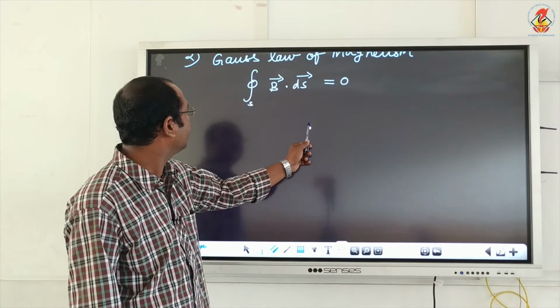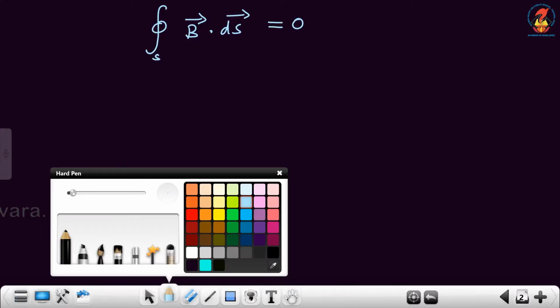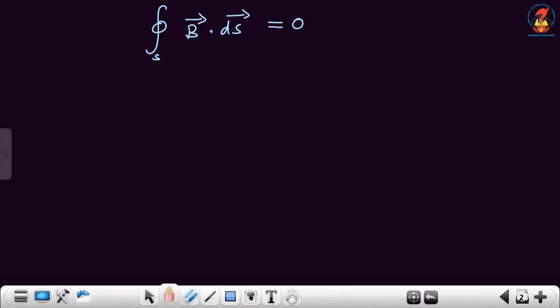Now, the third Maxwell's equation is Faraday's law of electromagnetic induction.